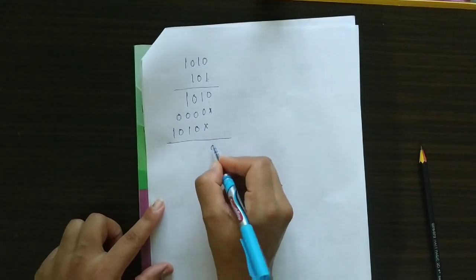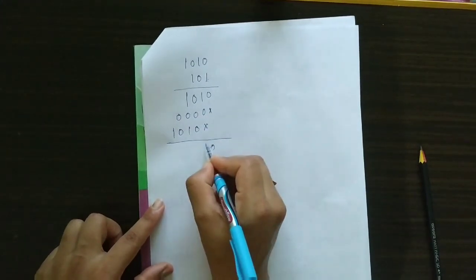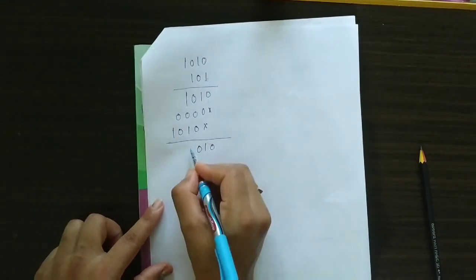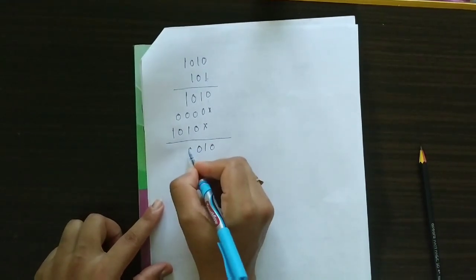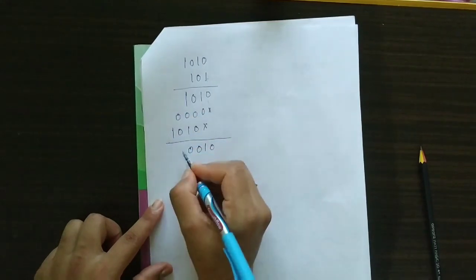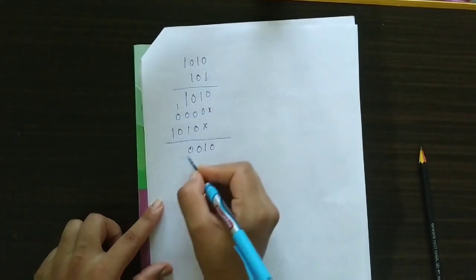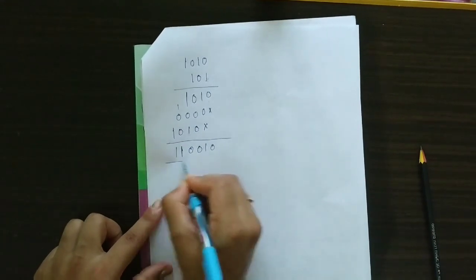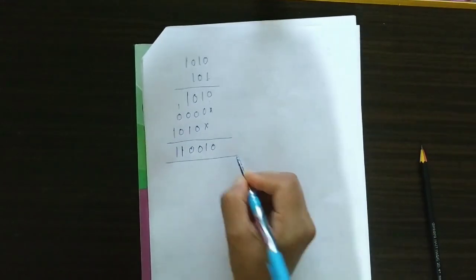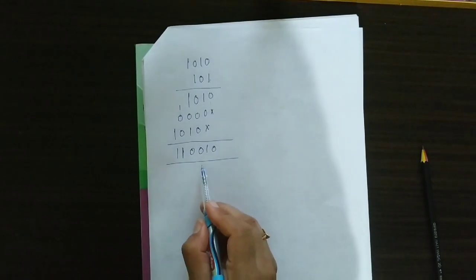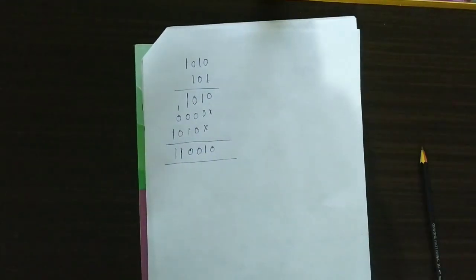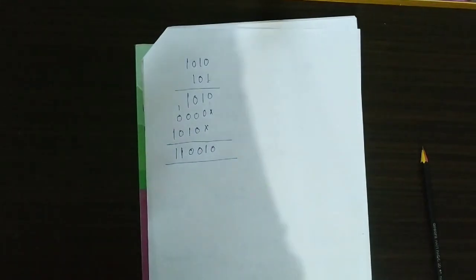Now you will add, as I told you, how to add numbers in binary. Answer is 110010. This is how we multiply one number with another in binary.